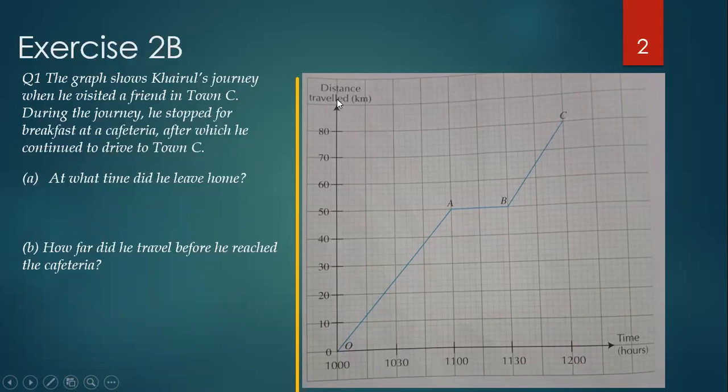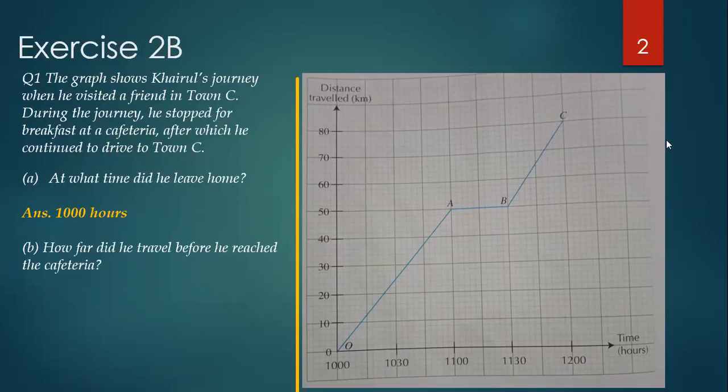And here we have distance, and each interval is divided by 10. That means 1 centimeter is equal to 10 units here. Now he started his journey at this point, which is 0. And at this stage, the time is 1000 hours.